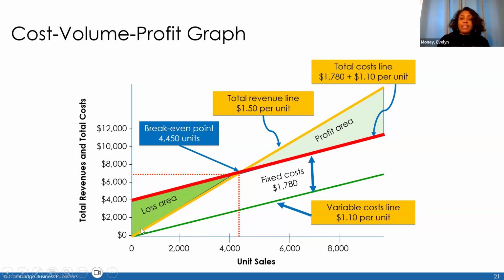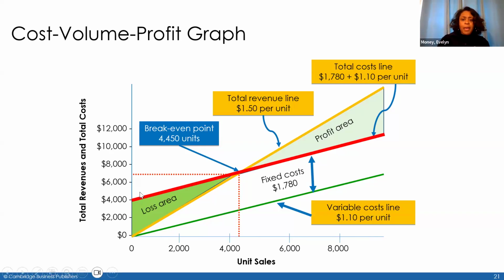Now, let's go through line by line. Let's start with the red line first. The red line is my total cost line. This line is actually a mixed cost, meaning if I have no level of activity, then I still have a certain amount of cost. Why? Well, total cost includes both fixed and variable.